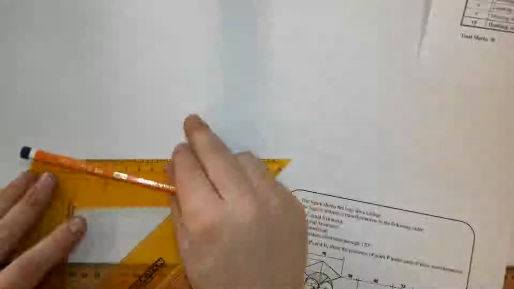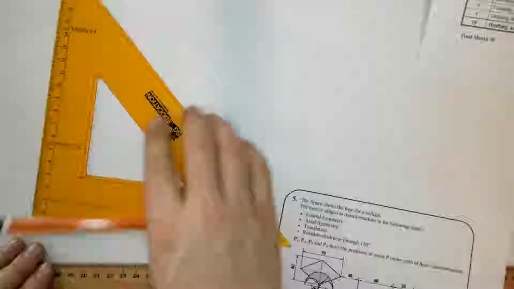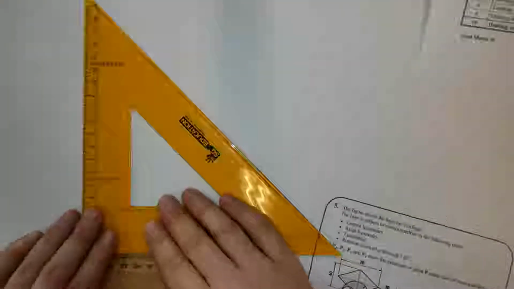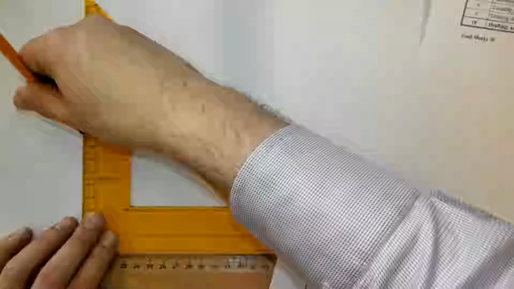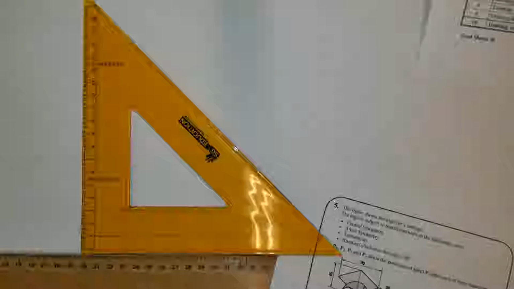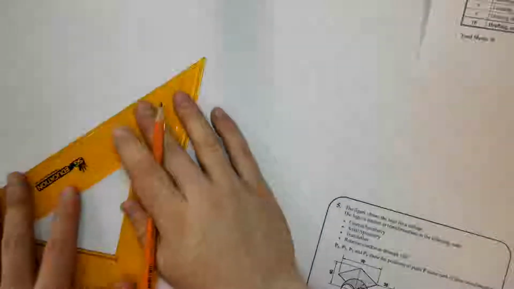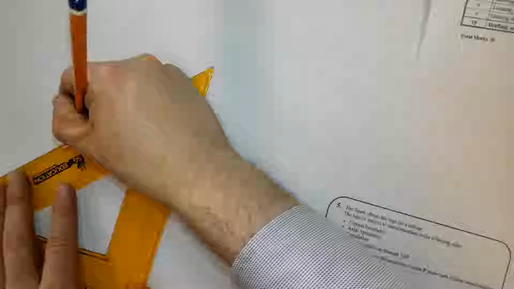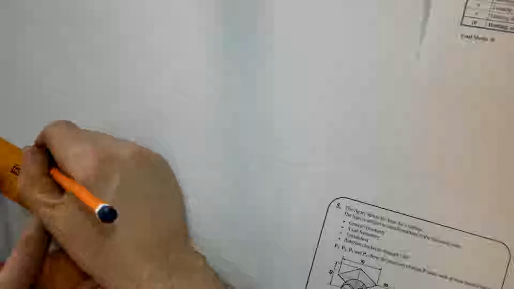It's 40 in total height, so 20 up from the center line, 20 down. Now, we can do the outline here.